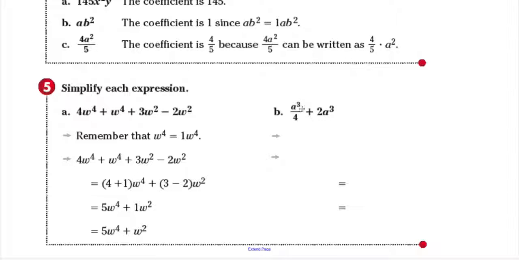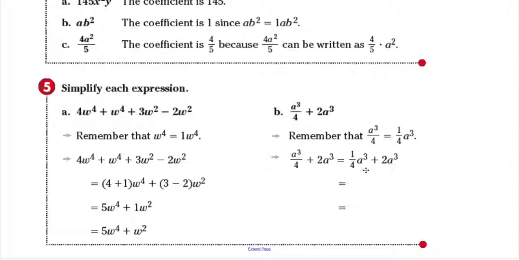Letter B, a cubed over 4 plus 2a cubed. Remember that a cubed over 4 is equal to 1/4 times a cubed. So a cubed over 4 plus 2a cubed will be 1/4 a cubed plus 2a cubed.